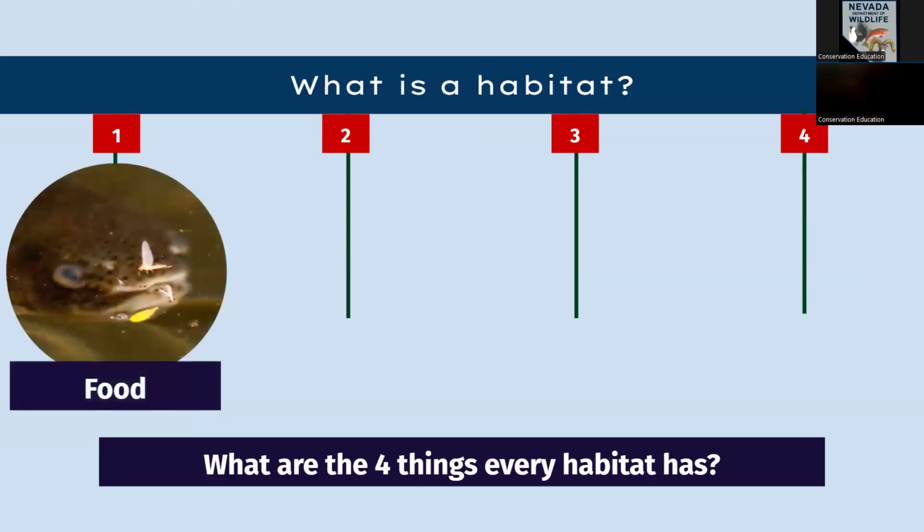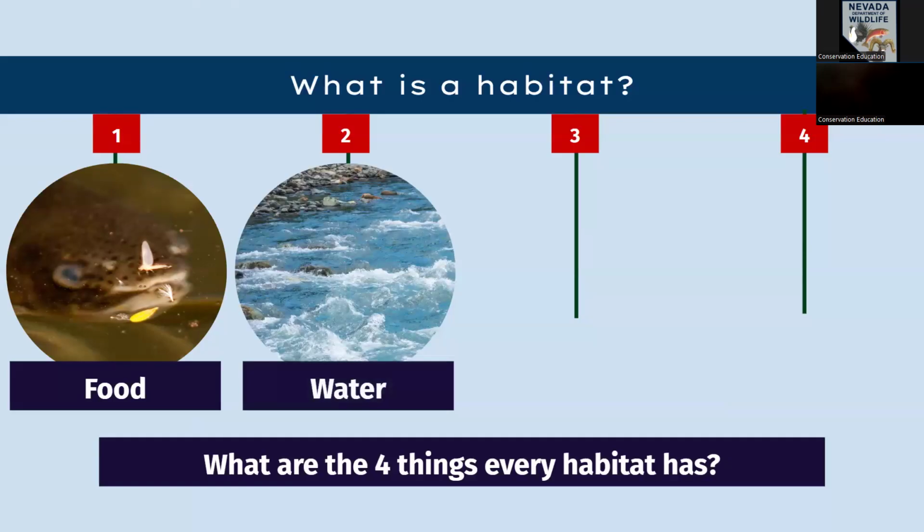Our first one is food. I see a lot of you put food in the chat. Yes, for an area to be considered a habitat, there has to be a food source. All organisms need energy to grow, stay healthy, move around, generate heat, whatever it is for their biological processes, so they're going to need food.